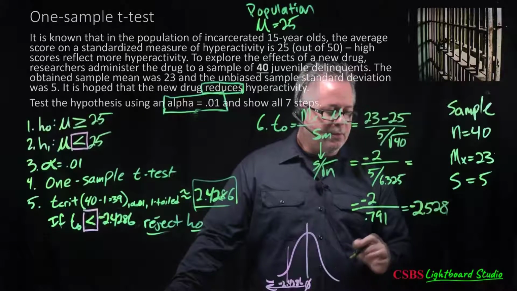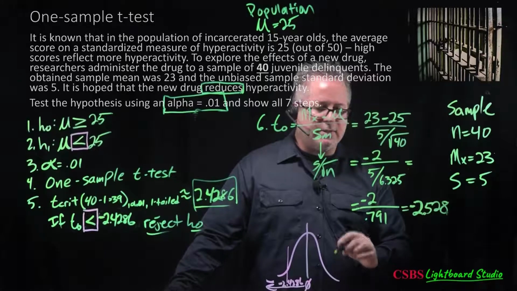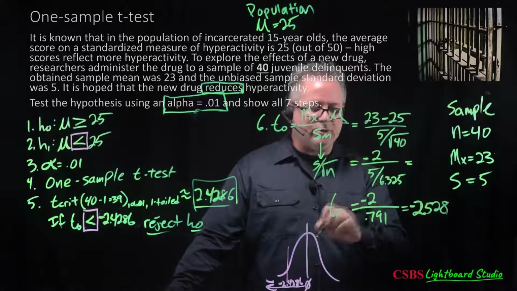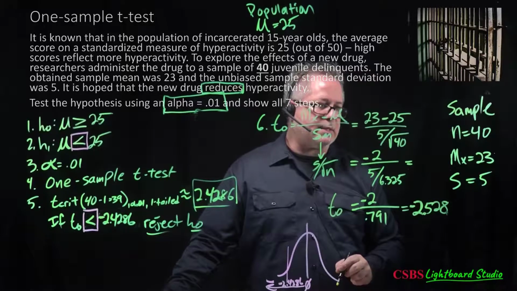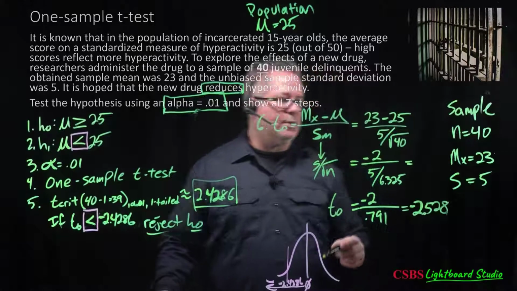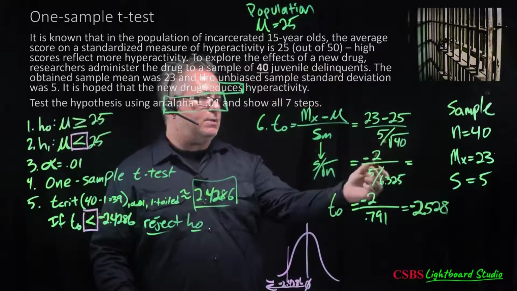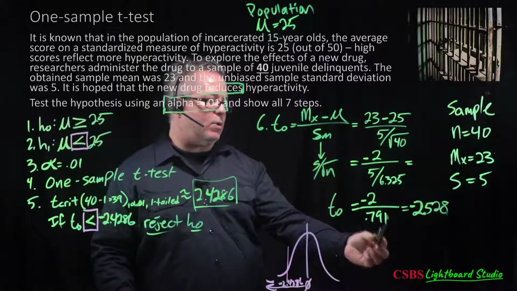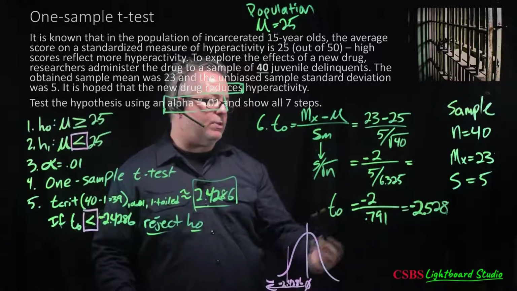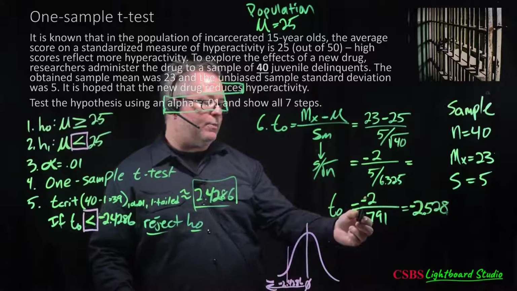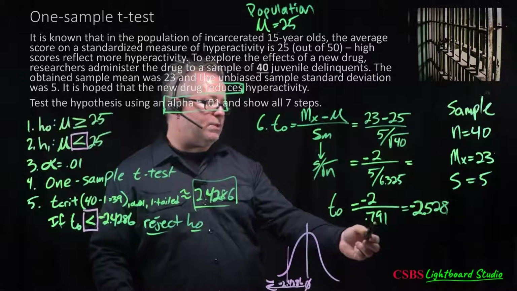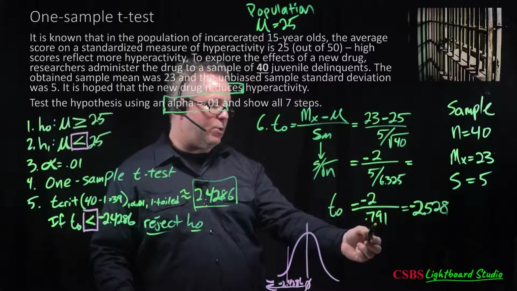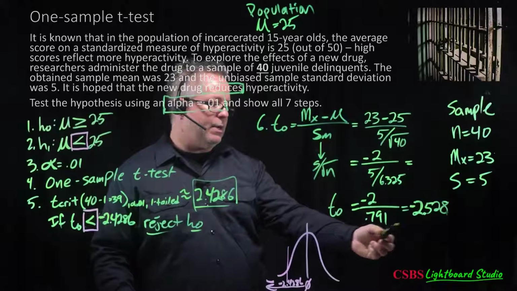Okay? Negative 2.528 is our t observed. That's my step 6. Right? Step 6, subtracted my two means, found my standard error of the mean to be 0.791. That's the 5 divided by 6.325. Took my negative 2 divided by 0.791, so it's my difference over my standard error. I got a negative 2.528.